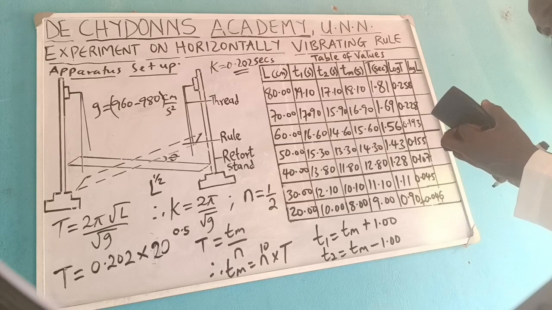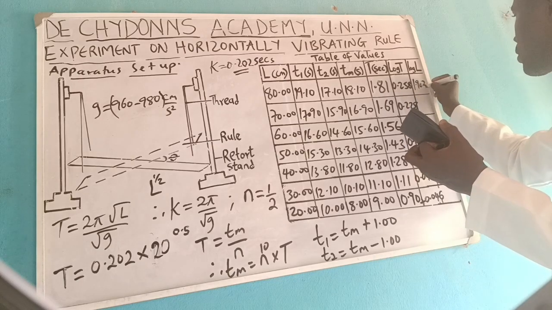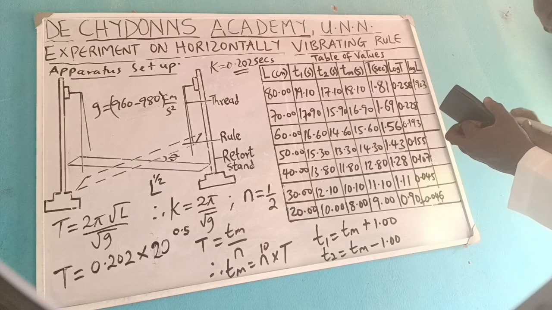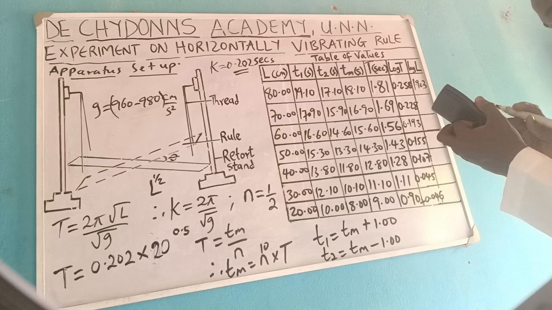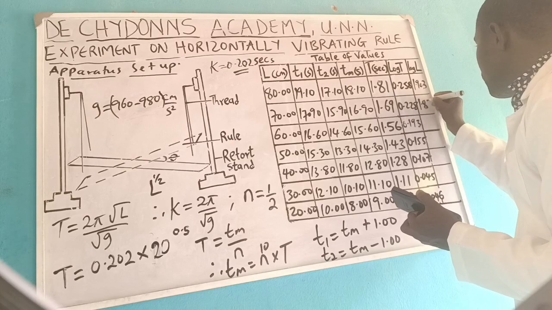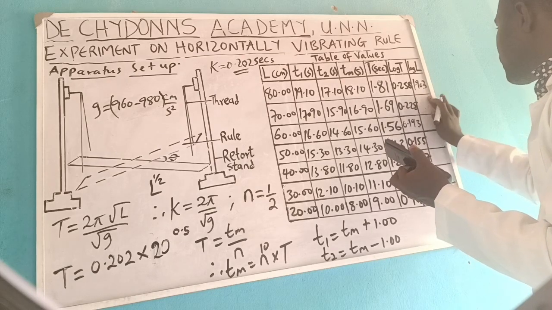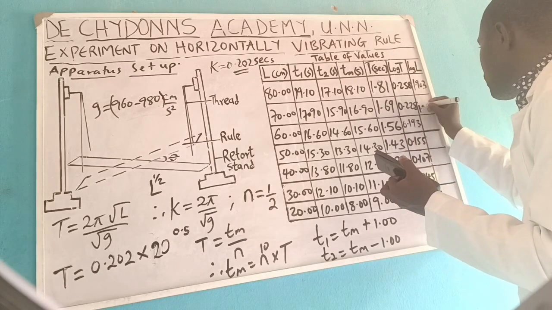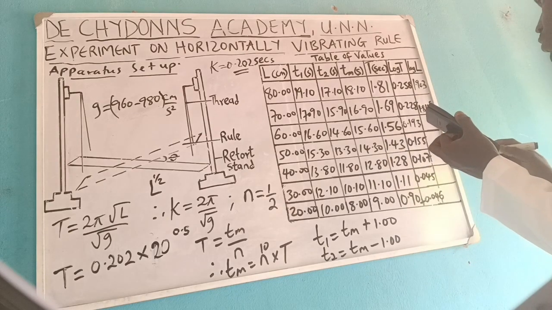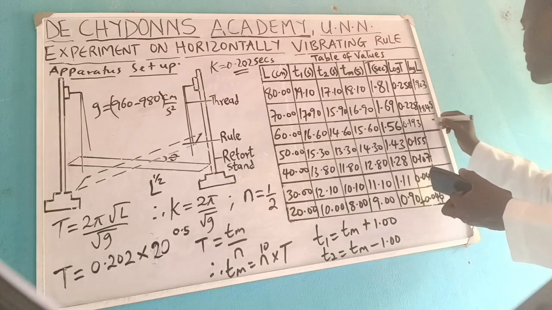Log 80 is 1.90. Log 70 is 1.845. Then log 60 is 1.778.